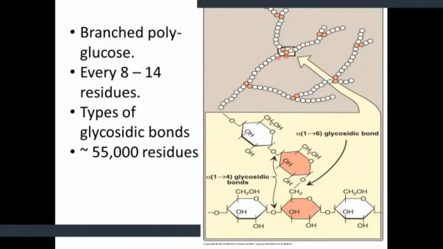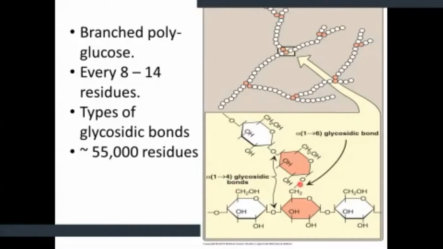The type of the bond between the glucose subunits, shown in white and represented by this line here, is a glycosidic bond between carbon number 1 and carbon number 4, which is why it's called a 1,4 glycosidic bond. It's classified as alpha because the hydroxyl group at carbon number 1 is below the plane, coming from underneath. So this glycosidic bond in glycogen or in starch in general is an alpha 1,4 glycosidic bond.